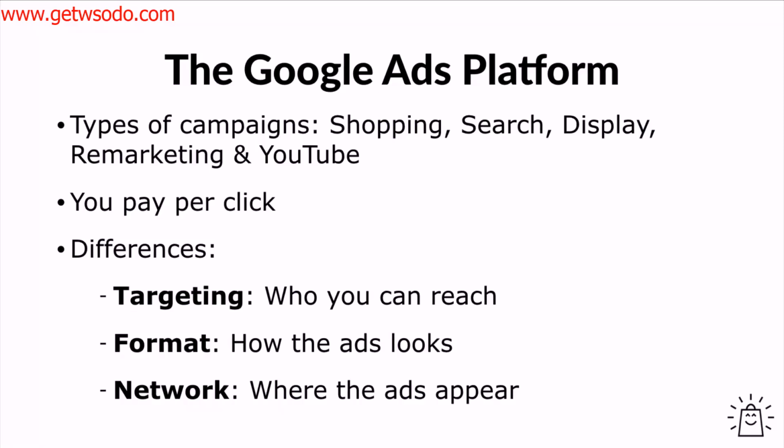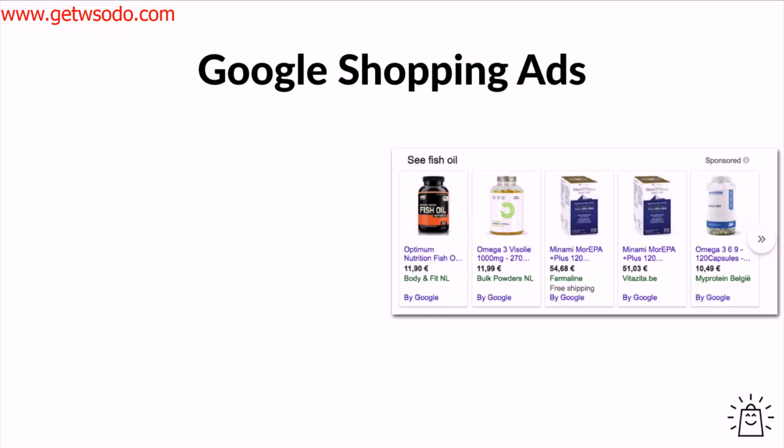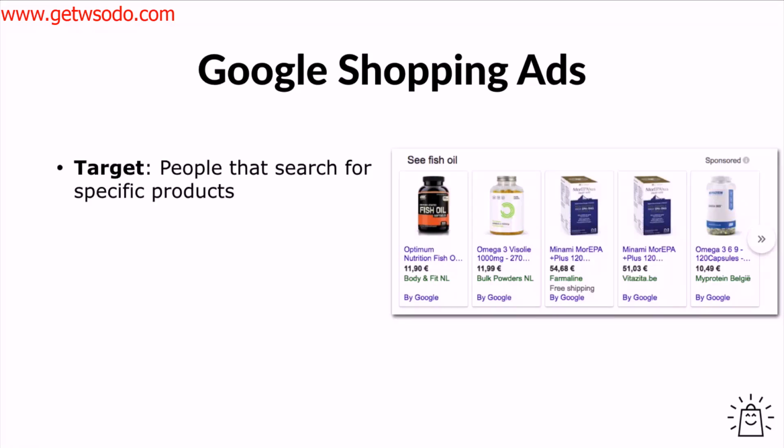I'm now going to go into detail on each of those campaigns so you can see what they are about and which one would be best for you. So first of all, this is a course about Google Shopping, so we're going to start with Google Shopping ads. Here you can see on the right an image of Google search results with some shopping ads.